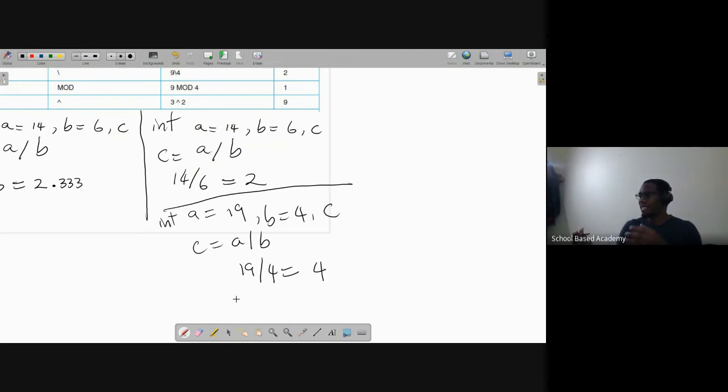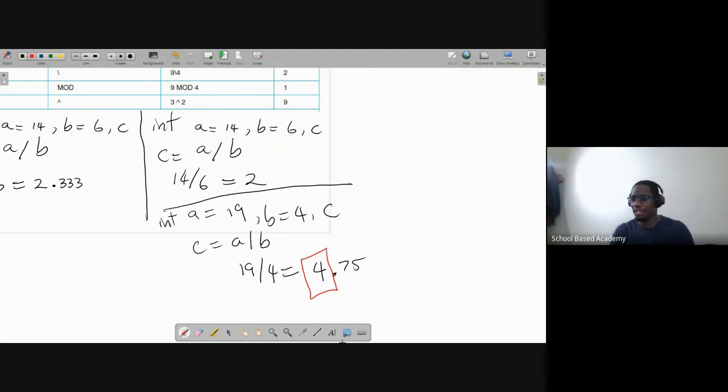I know that if we did this as a real number, we would get 4.75 as our answer. But there is no container to hold the 0.75 when we have to store an integer.